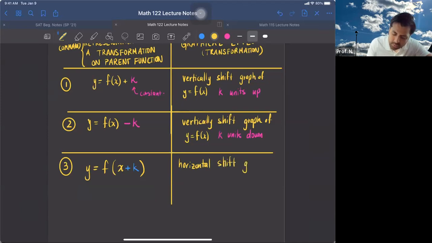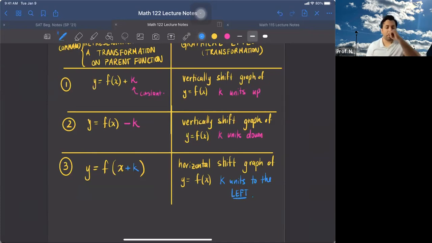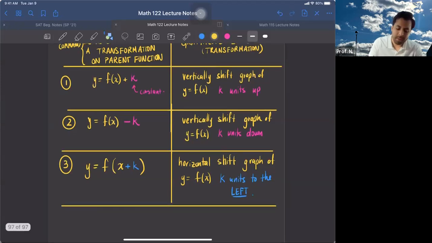We horizontally shift the graph of y equals f of x, k units to the left. So when we add a 3, when we do x plus 5, x plus 10, we're shifting it to the left by that number of units. So it's opposite to what we normally may think.